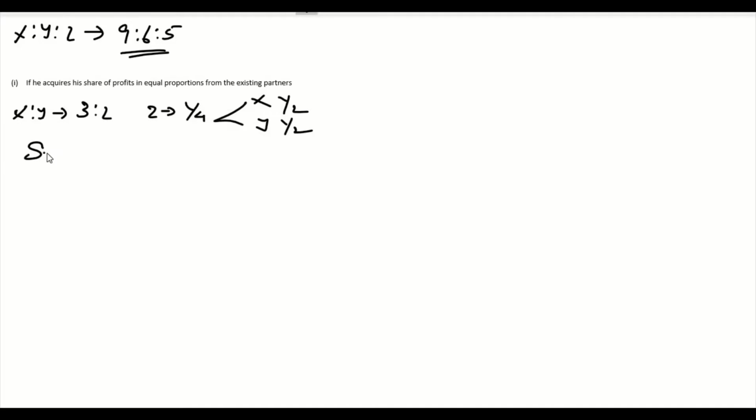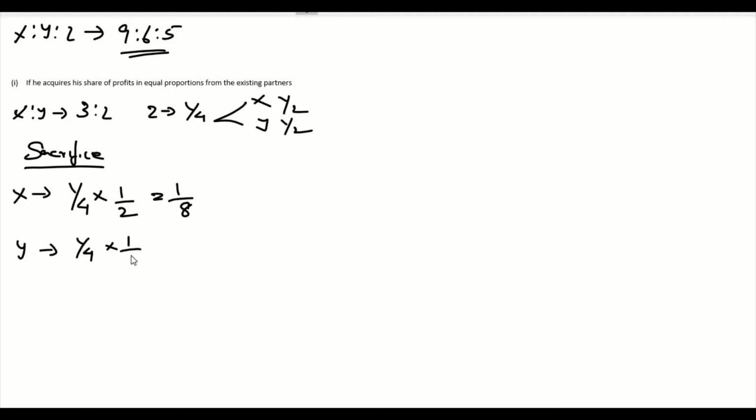So we want to find the sacrifice here. Sacrifice here for X is Z share 1/4 multiplied by half of it. That is equal to 1/8. Then Y, it's Z share 1/4 multiplied by half of it. That is equal to 1/8.